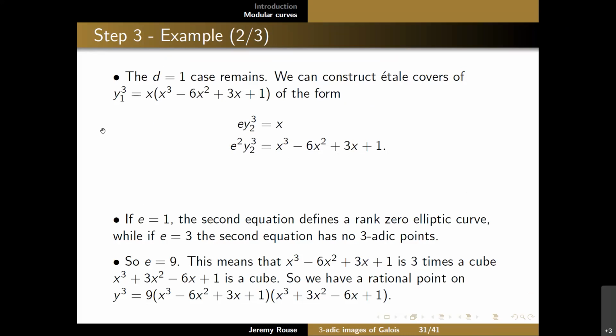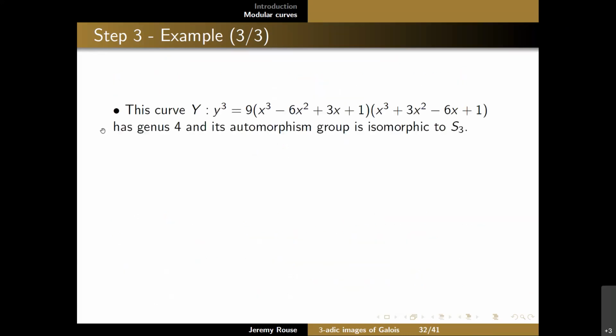Why is that helpful? This curve Y is a genus 4 curve whose automorphism group is isomorphic to S3. So it has lots of quotients. These are just the automorphisms defined over Q. I think that Y actually has 18 automorphisms over larger fields.